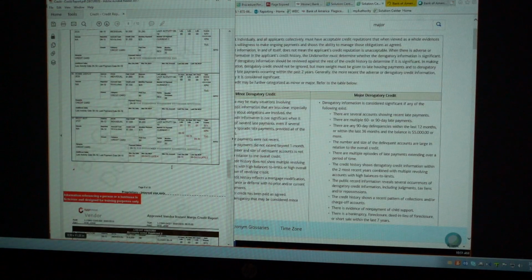In this case, we do have more than 5,000. It's 5,020, as you can see there, and it's been delinquent 90 days. So that's major derogatory credit for sure. So for that, we need an LOE. We're going to go through the conditions and the whole thing. We still have to go through the whole process.